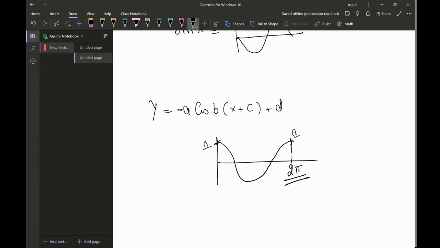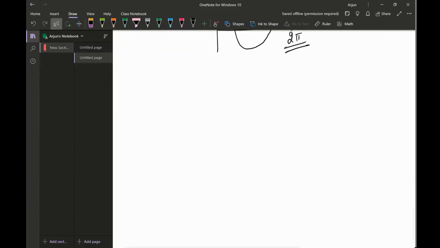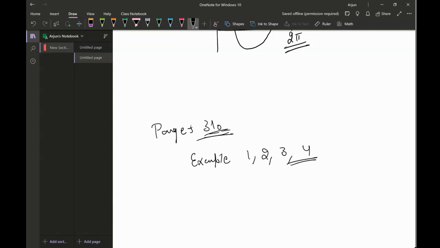So I will highly encourage you guys and girls to practice these questions, and also try and solve some of the examples. I'll tell you which questions you can solve from the book, and that will be more than enough. So I will say page 310, if it's in my book, but your book can have a different page number, example 1, 2, 3, and 4, these examples.